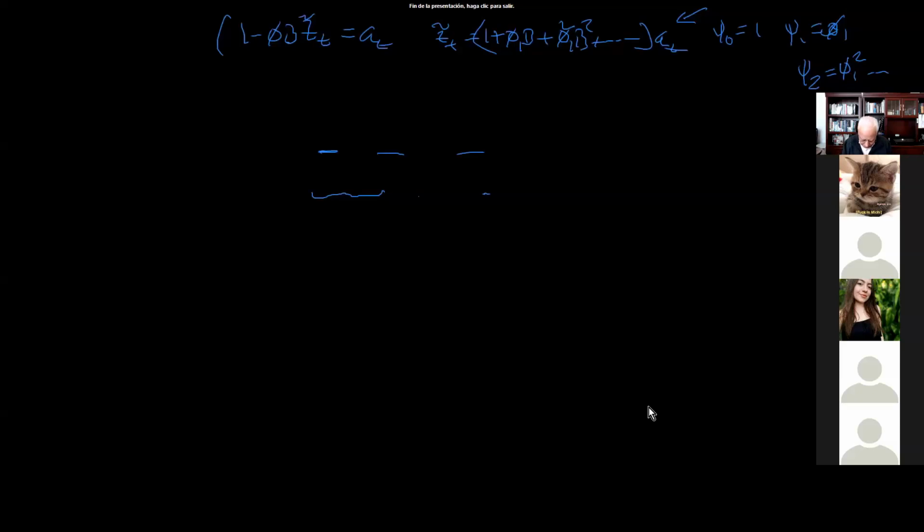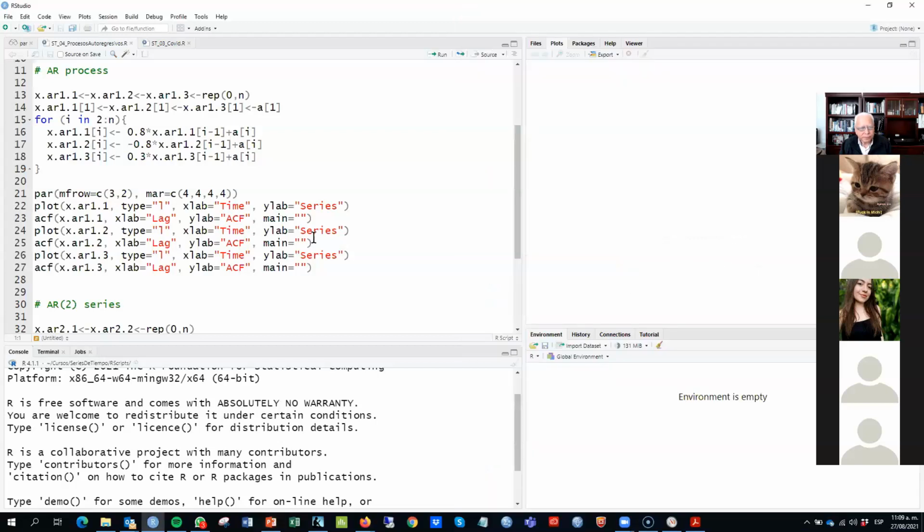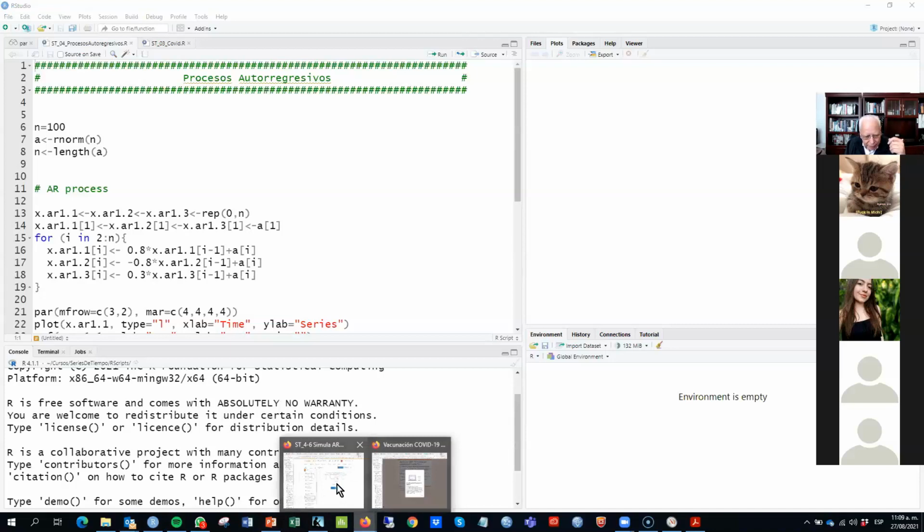Okay, so let me erase this, and since we have time, I'm going to go to the script. I'm going to generate that script. Let me see if it's the same that you have in Brightspace.